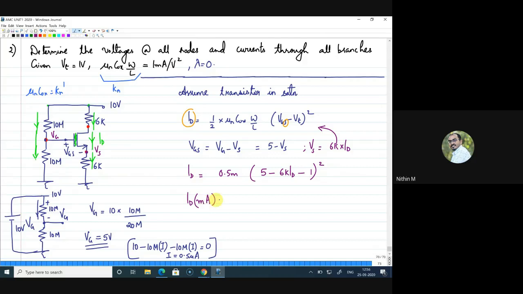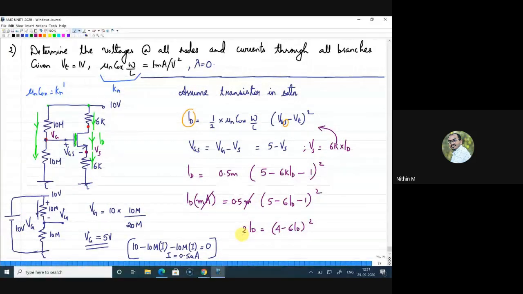So I will write ID in milliamps equal to 0.5 milli into 5 minus 6k into ID, where ID is in milliamps. If ID is in milliamps, I can cancel this k, because kilo and milli will cancel. So I can write 5 minus 6 ID minus 1 the whole square. And then I can cancel this milli and this milli, and I can write ID equal to 4 minus 6 ID the whole square by 2, or it is equal to 2 ID.